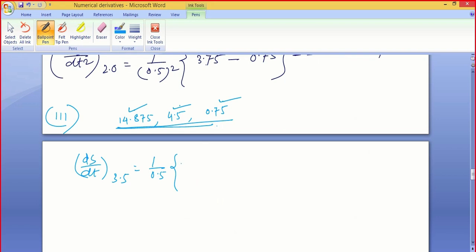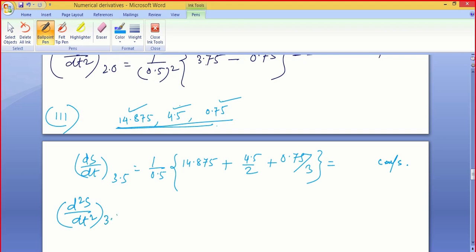1 by 0.5 times 14.875, all the terms are positive, so plus 4.5 by 2 plus 0.75 by 3. This is the velocity at 3.5, cm per second. And d2s by dt2 at 3.5, 1 by h square, starting from second difference.